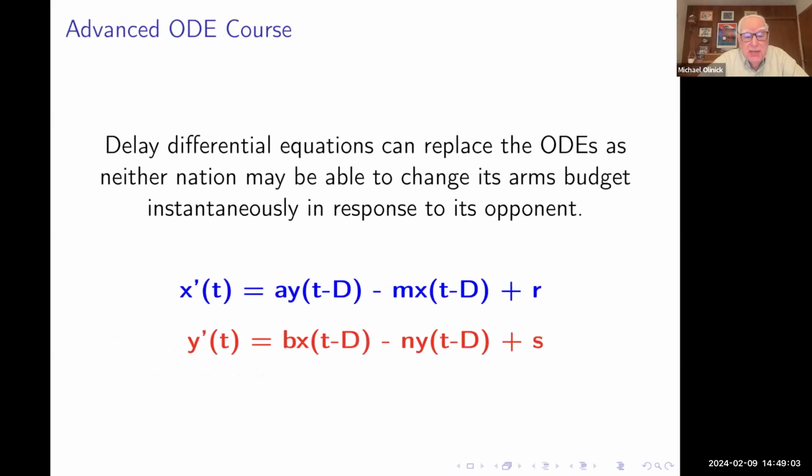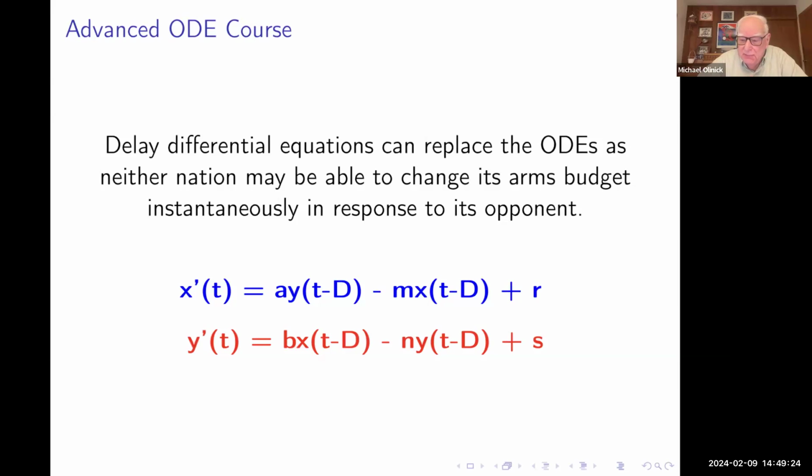In an advanced ODE course, this would be a good model to introduce delay differential equations. The original Richardson model assumes that each nation can immediately adjust its expenditures based on what it's spending and what its potential enemy is spending.